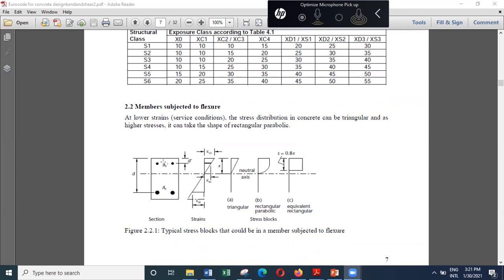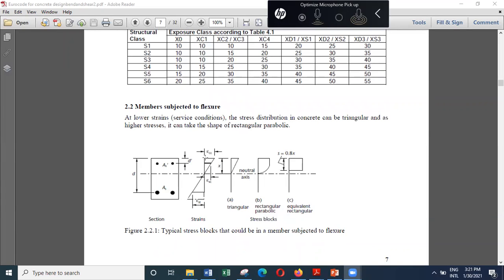And we know any member subjected to bending, we generally make use of some assumptions. So one of the basic assumptions is plane sections remain plane. So if plane sections remain plane, the strain diagram should be linear.